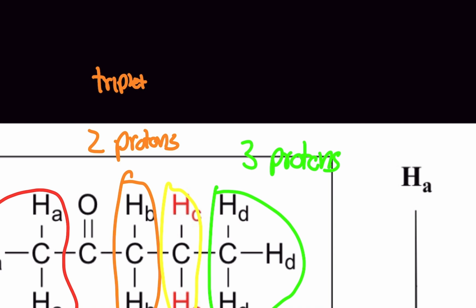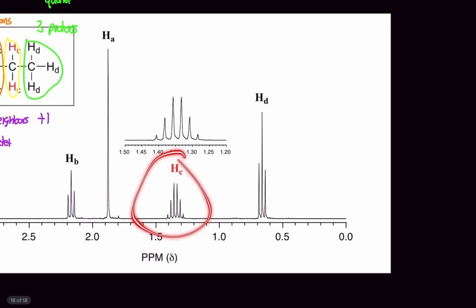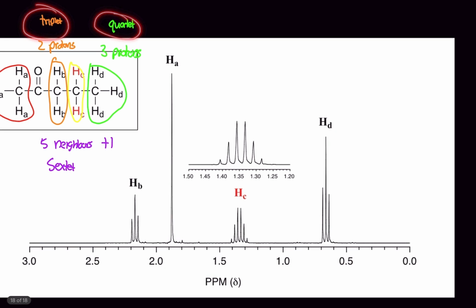You have 3 protons here, so this is called a quartet. This is called a triplet of quartets. That's the actual name of this peak. We do not call this a sextet, even though it looks like one.